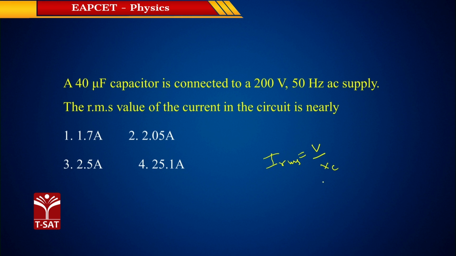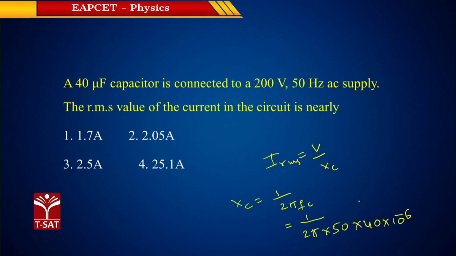What is the XC value? First you find out the XC value. XC is equal to 1 by 2 pi FC, children. Substitute 1 by 2 pi, frequency given is 50, into the capacitance value 40 into 10 to the power minus 6, since micro means 10 to the power minus 6.